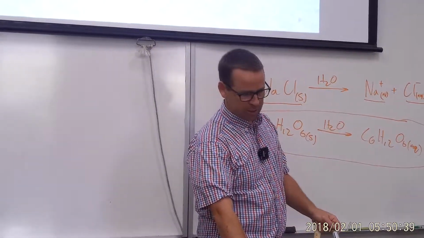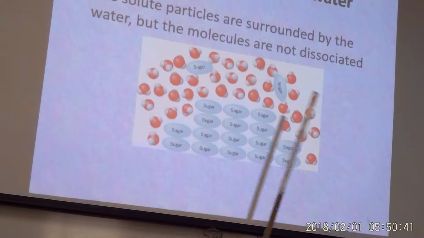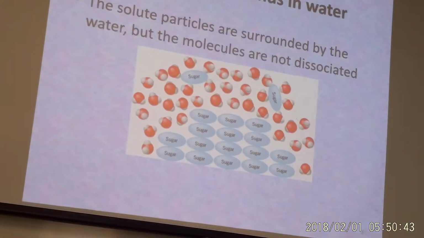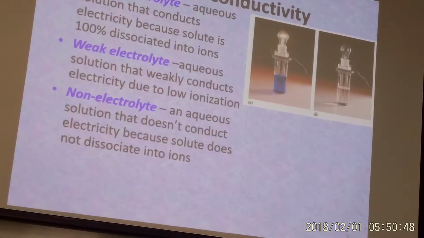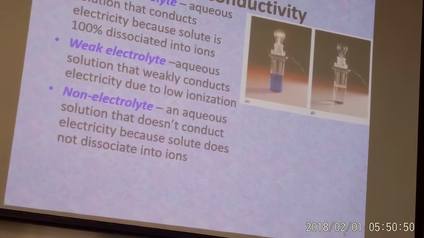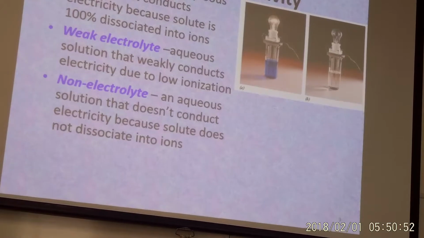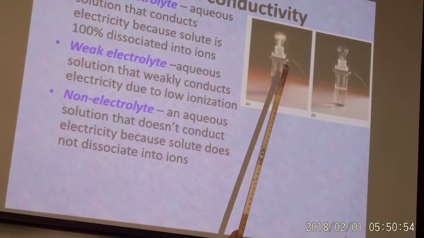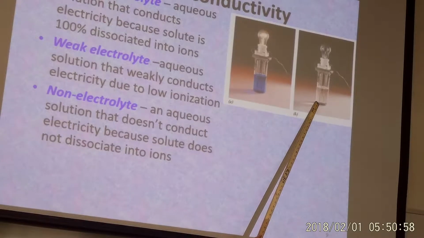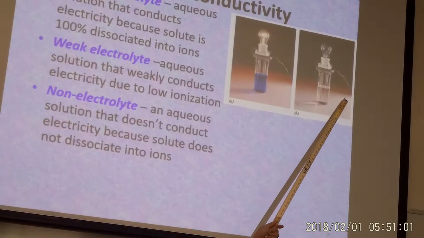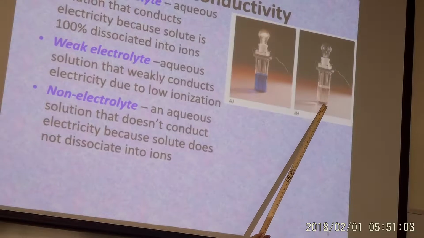So, here's an example of sugar, a little model of sugar, same thing, right? It's getting taken away by the water. When you do put something like salt into water, the result in terms of conductivity is that your water becomes conductive. So here's an example of a solution that has sugar in it, and we're trying to drive electricity through this light bulb.